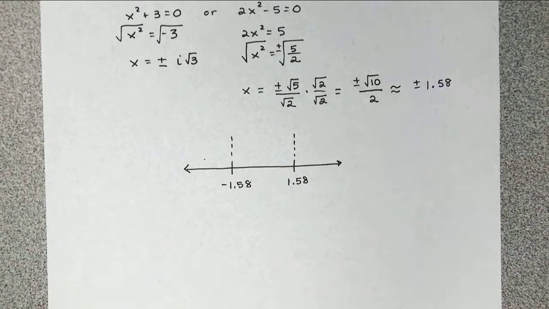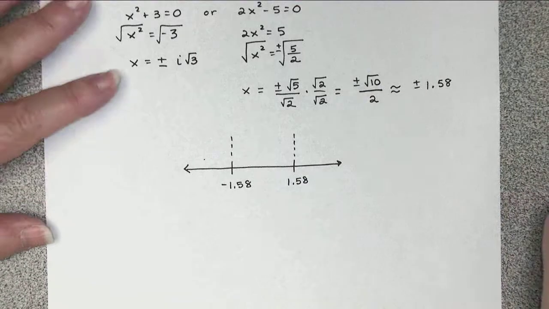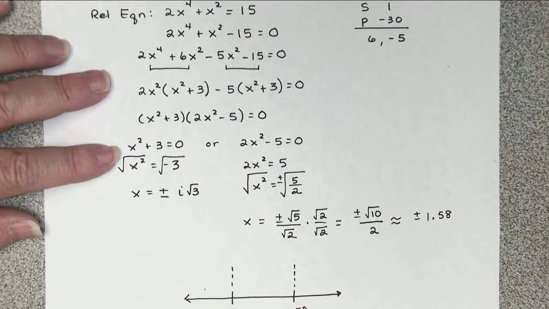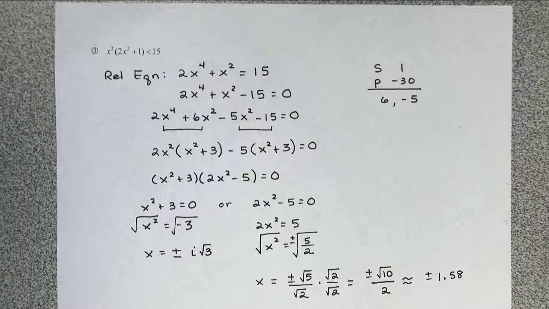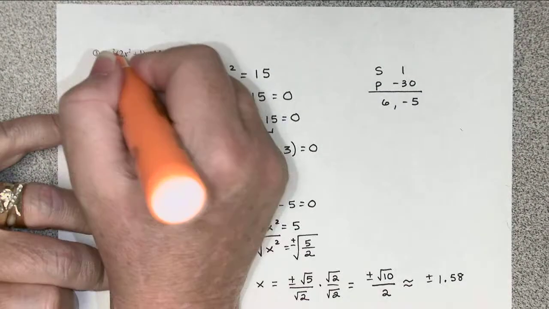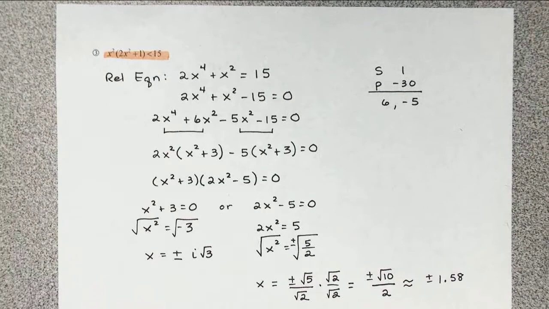I haven't put this related equation into the calculator yet, and I'm actually going to go back up and test this all the way back up here in the original inequality. So I'll go ahead and rewrite that. X squared times 2x squared plus 1 less than 15.